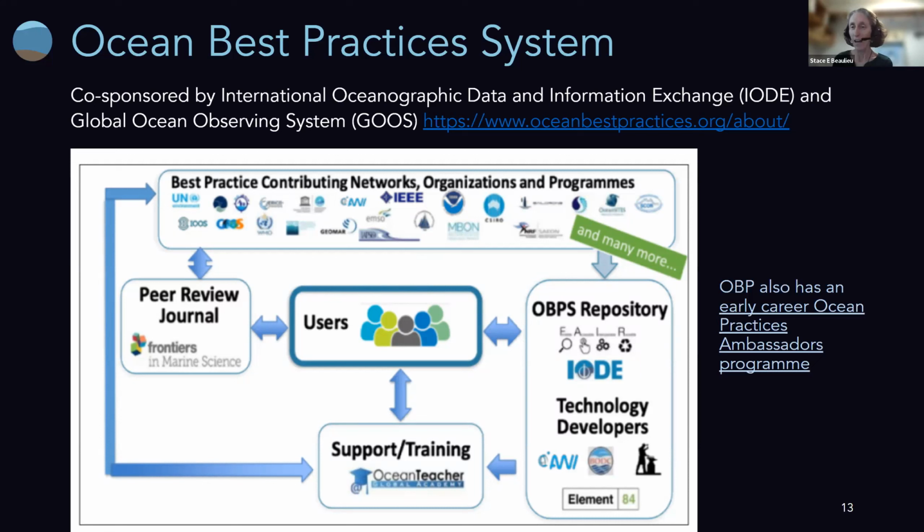You may have heard of IODE, and it's also co-sponsored by DOERs. So interesting for the doers in the room, there is an early career ocean practices ambassadors program that you might want to look into. So in any case, I noted in their logos that they include for the Ocean Best Practices System, you'll see a lot of the same logos that are used with partners in the DOERs program.